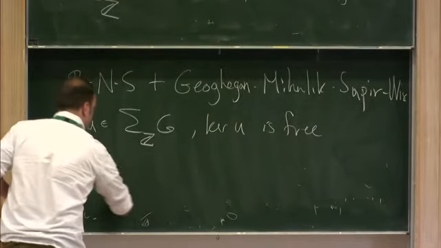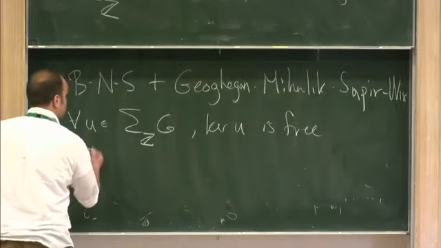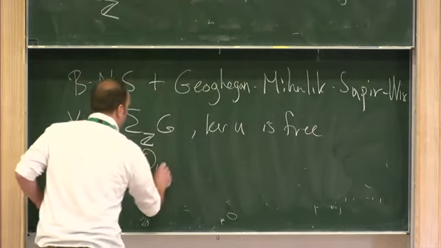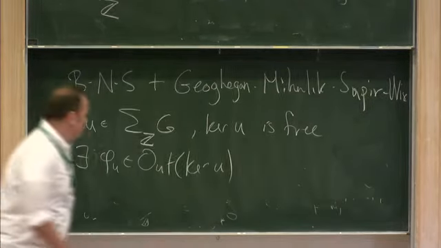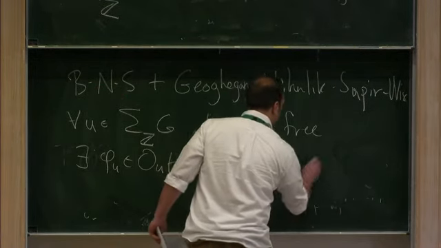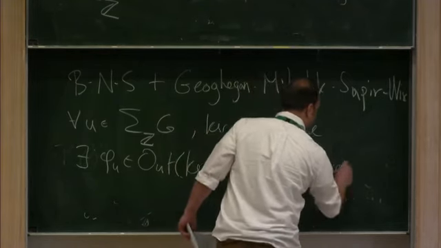Inside of the kernel, there's a finitely generated subgroup. Well, let me say it this way. First, there exists phi sub U, an outer automorphism of this kernel. There's a finitely generated subgroup, QU, inside of the kernel.